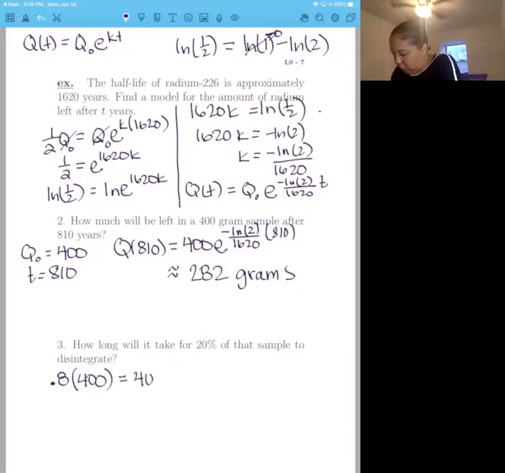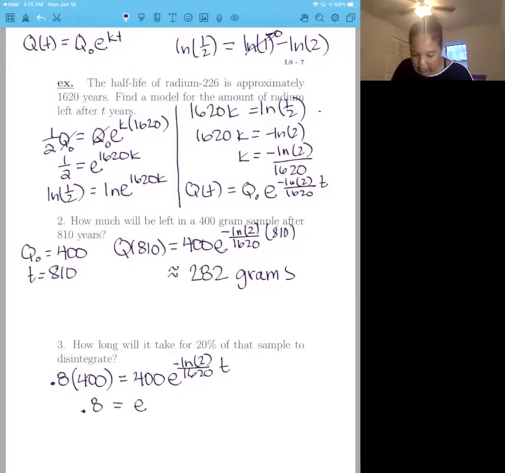The initial amount is 400, and I still have e to the negative natural log of 2 over 1,620, and this time we are looking for time t. My quantity was 80% of the initial 400 grams, because 20% of it disintegrated. Again, I'm going to divide by 400, so I end up with 0.8 equals e to the negative natural log of 2 over 1,620 t.